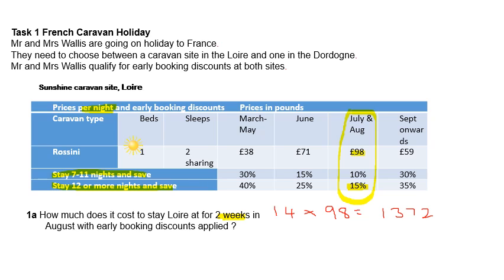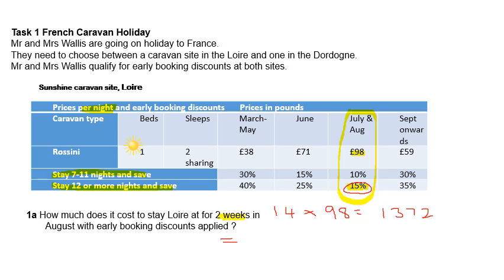Again, apologies about my writing. Right, so what are they actually going to pay? They're going to pay 15% cheaper than that, because the discount is 15%. So we have to work out now 15% of 1,372, which we're going to do here.